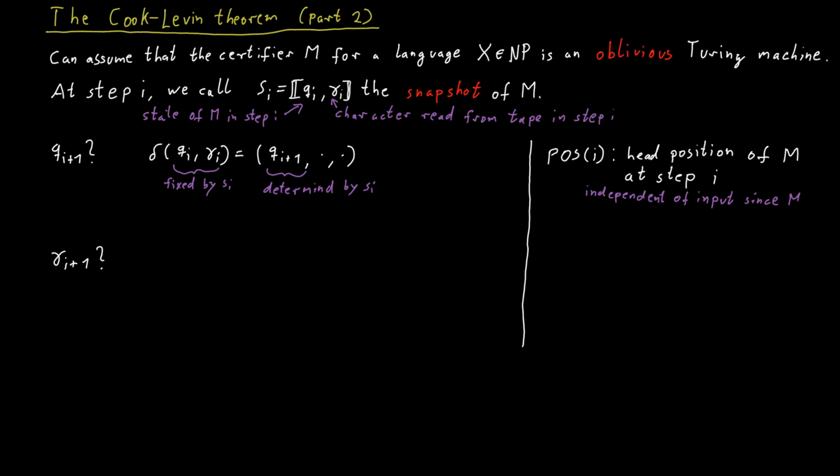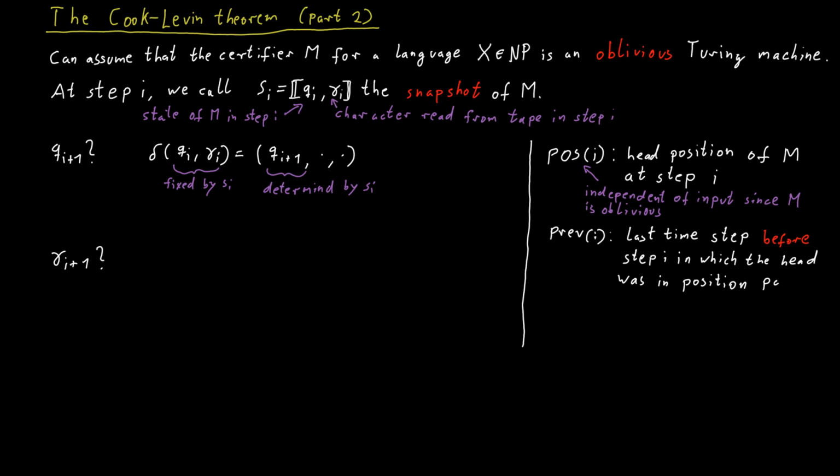So the head position at step i is predetermined. It does not depend on the bits in the input. So pos of i is sort of a constant. It's fixed. The other thing we are interested in is prev of i, which should denote the last time step when the head was at the same position as it is now in step i.